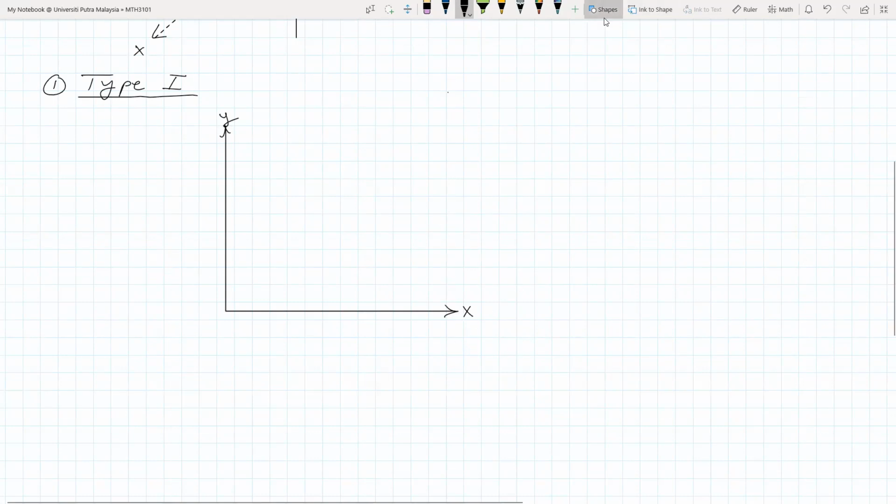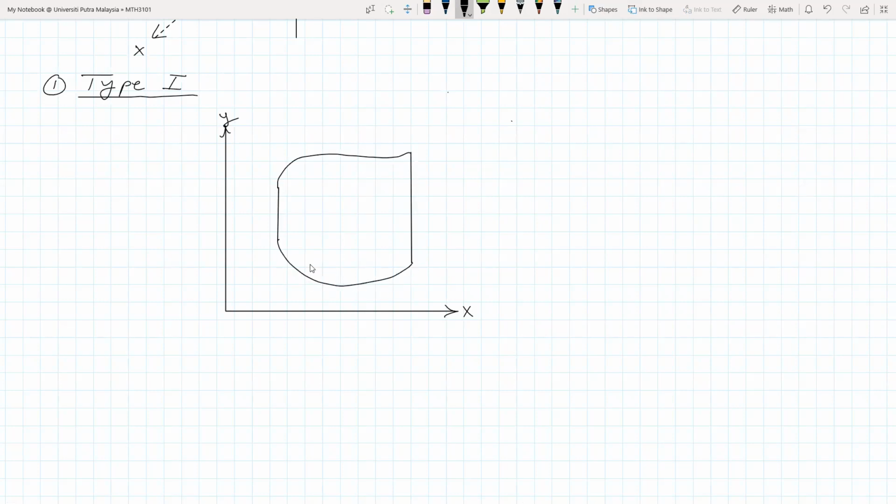Say I have one border on the left and another border on the right, with the connecting border being some kind of function. This is 0, the left border is A, and on the right it is B. X is bounded by A and B, but for Y, it is bounded by top and bottom.